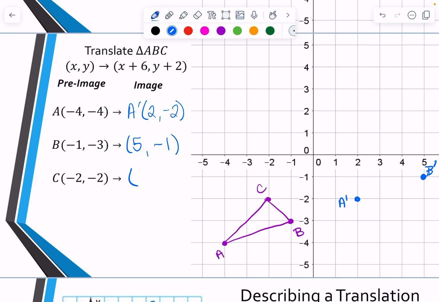I'm going to go -2 plus 6, that's at 4. -2 plus 2, that's at 0. So 4, 0. You'll notice that the shape is identical. They're congruent. They're the exact same shape, exact same size. All we're doing is sliding it around. Okay? So that's how we go through that.